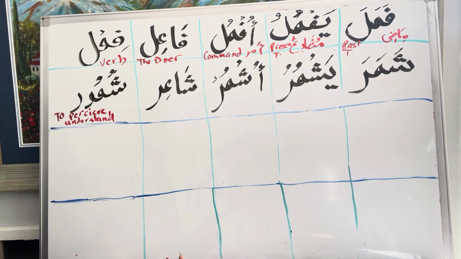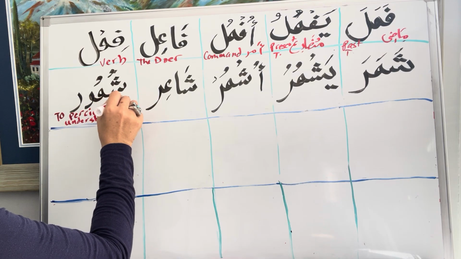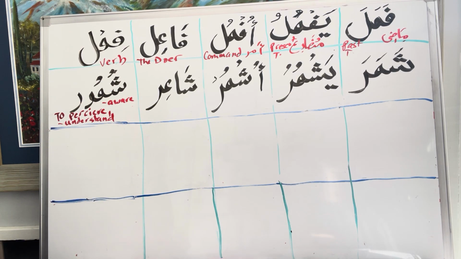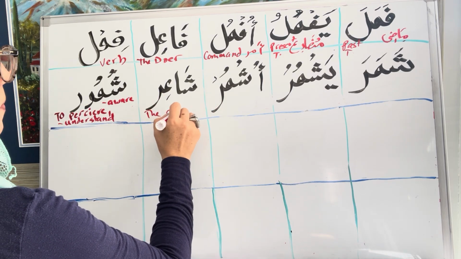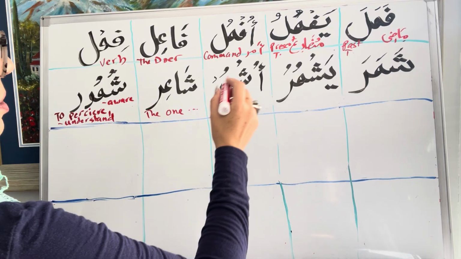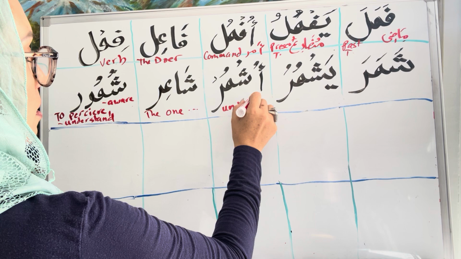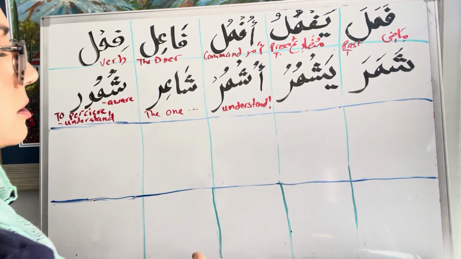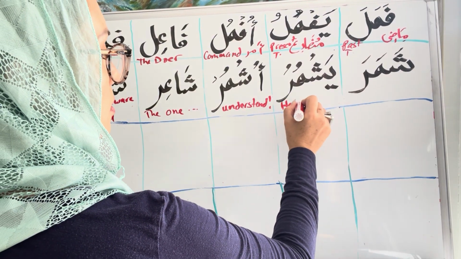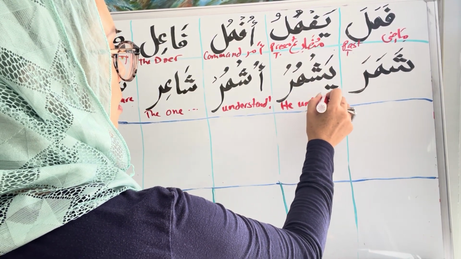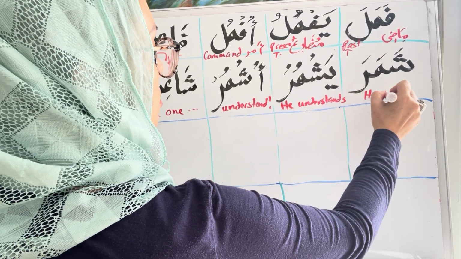To perceive, to understand, to be aware. Okay. Sha'ir, of course, is the one who is doing the action. Ush'ur, meaning to understand. It's a command. Yash'uru, he understands. And then past tense, he understood.